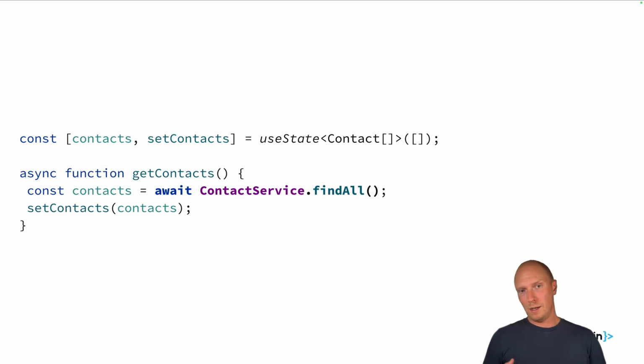What's cool then is in our React code, we can call that same method signature with the same type information. In this case, we're awaiting the contact service findAll, and we can expect to get an array of contact objects. All of the types have been automatically generated for us, as well as the actual TypeScript code for calling that service.